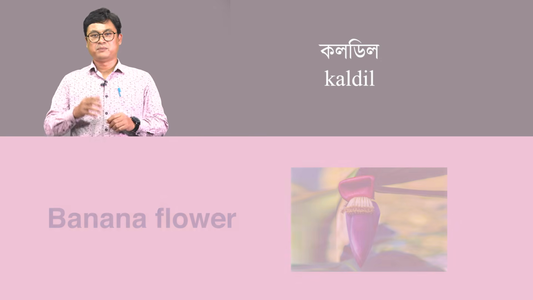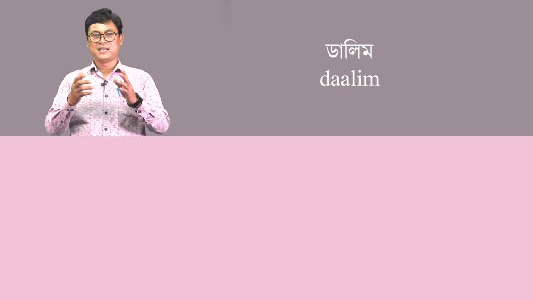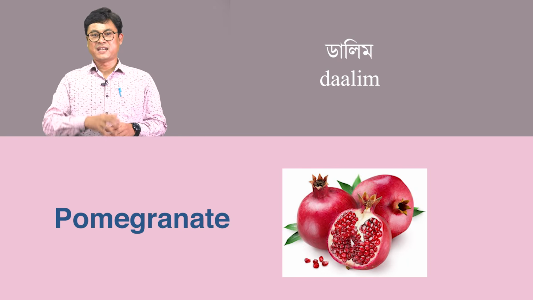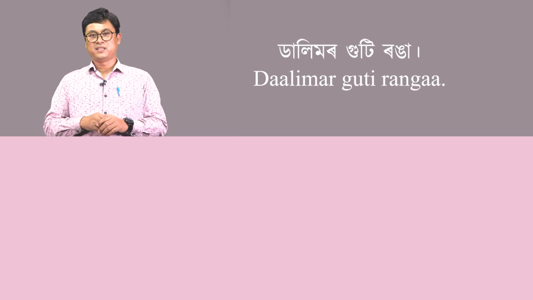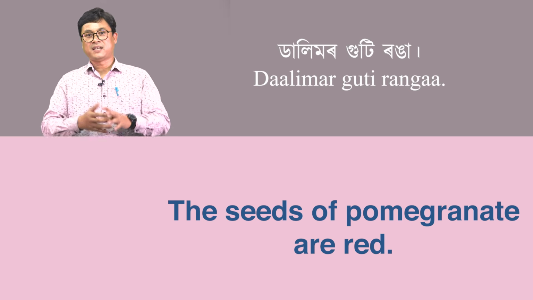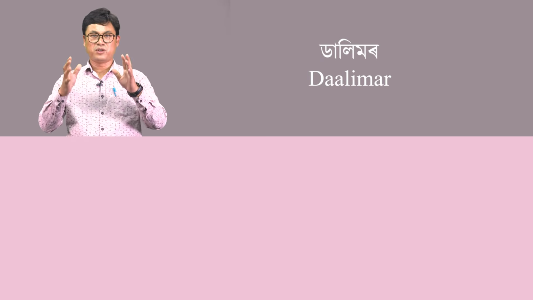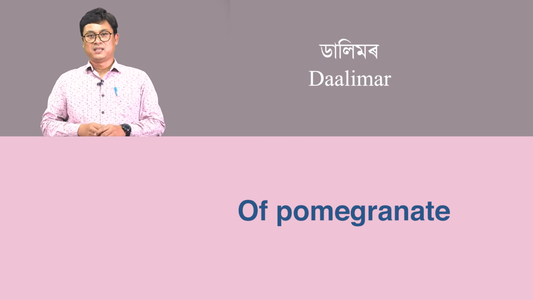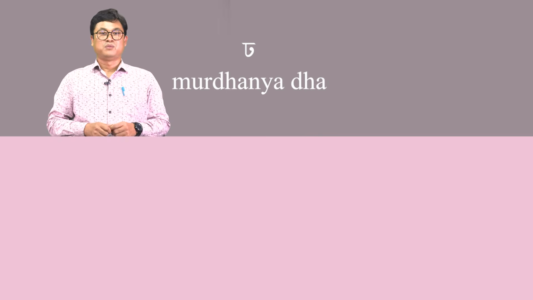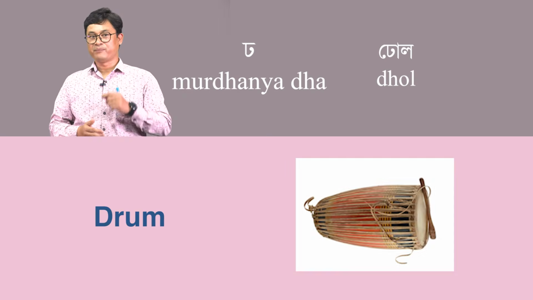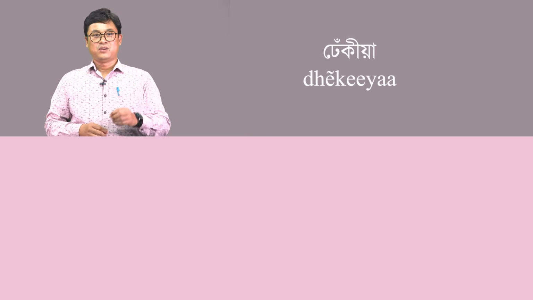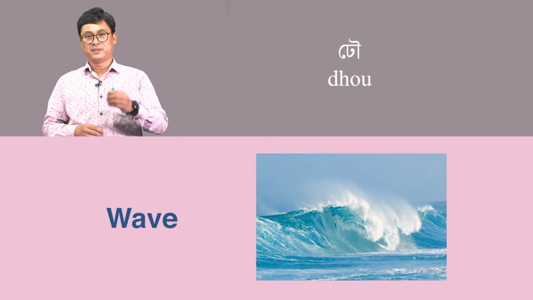Koldil, that means banana flower, and dalim, which means pomegranate, as in dalimor guti ronga, which means the seeds of pomegranate are red. Here, dalimor means of pomegranate, guti means seed, and ronga means red. Mudhanya dho for dhul, which means drum. Dhekia, which means fern, and dhou, which means wave.